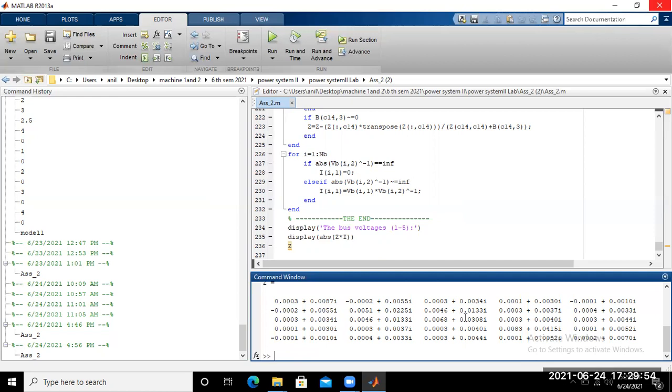In Z24, resistance value is 0.003 plus reactance value 0.0371. And in Z25, the resistance value is 0.004 and the reactance value is 0.00331.